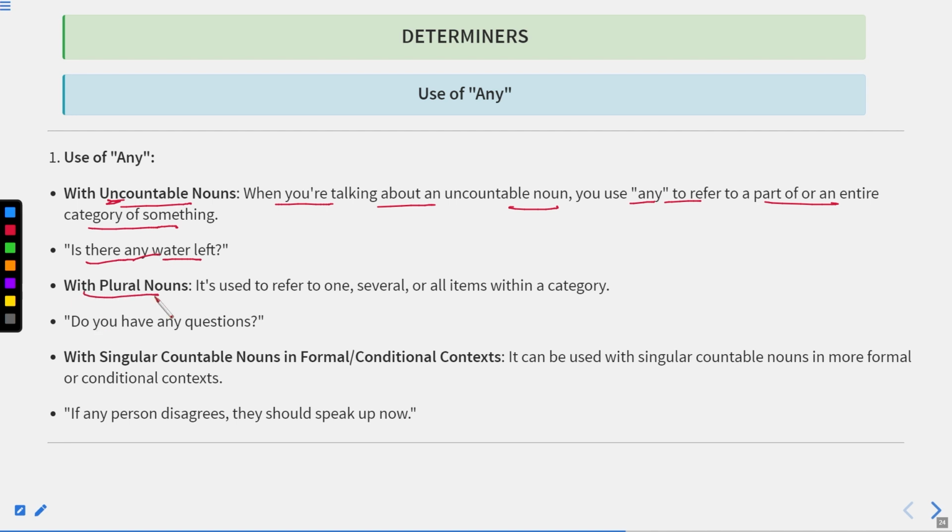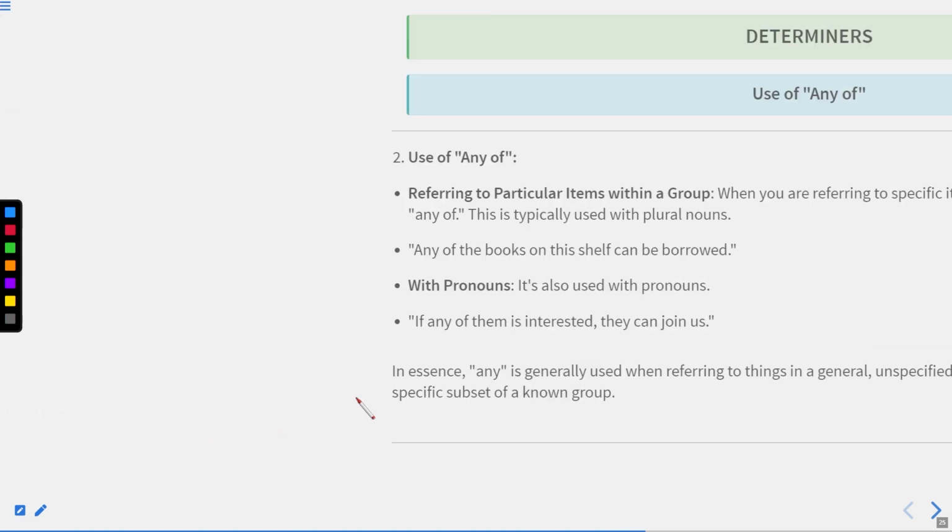With plural nouns, it is used to refer to one, several, or all items within the category. So, do you have any questions? Now, with singular countable nouns in formal conditional contexts, it can be used in more formal or conditional contexts. If any person disagrees, they should speak up now.